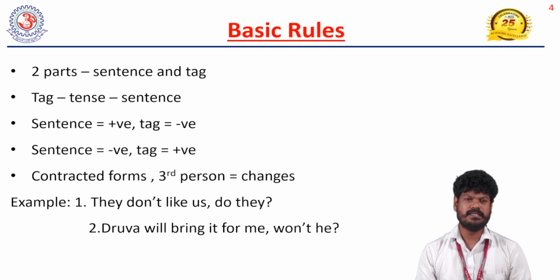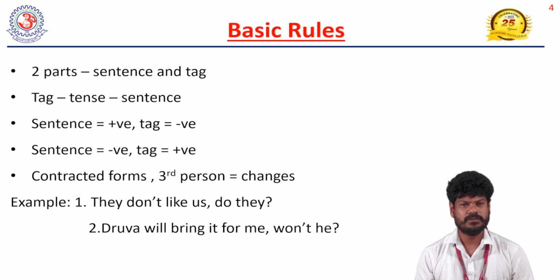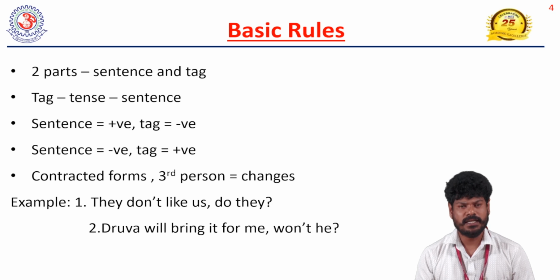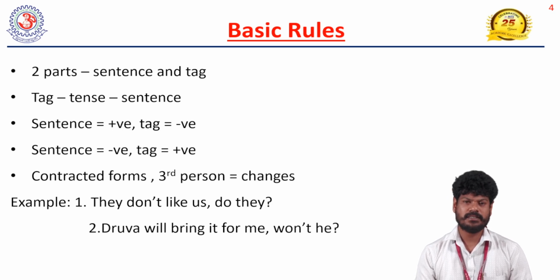And in the second sentence, Dhruva will bring it for me, won't he? The sentence is in positive form and the question tag is in negative form. Look at the word Dhruva, third person singular, and when it has come to the question tag, it has changed into he.